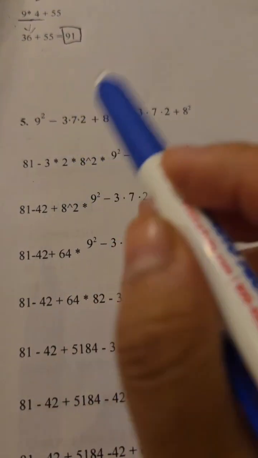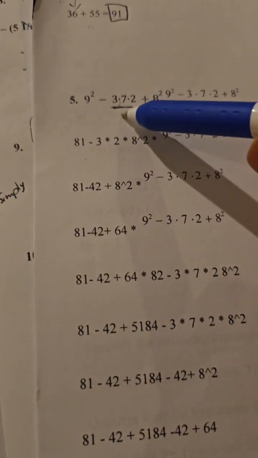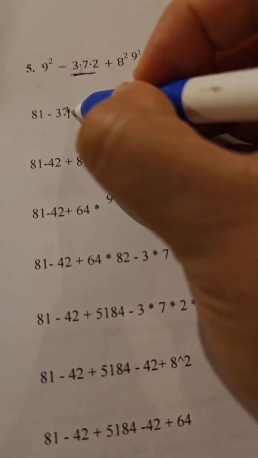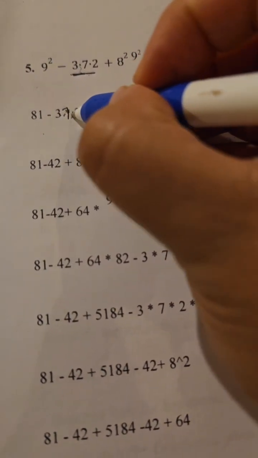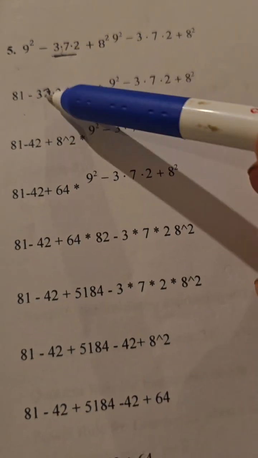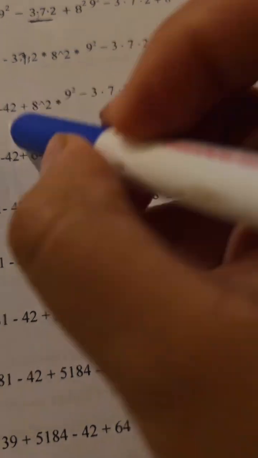We're going to multiply our 3 times 7, which here the 7 needed to be here as well. 3 times 7, it would be 41.